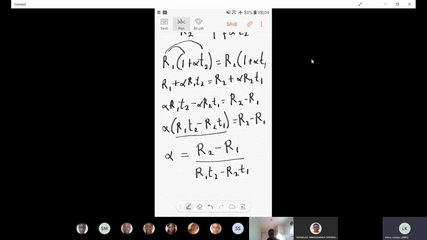Now you'll notice that I have only one alpha in my final answer. It is isolated by itself on one side of the equation. So when I ask you to make something the subject of the formula, you must isolate it. It must be the only one that appears anywhere in the equation, and it must be alone on one side of the equation.